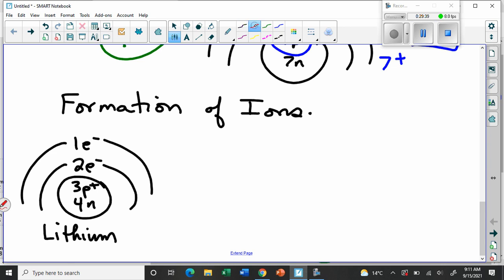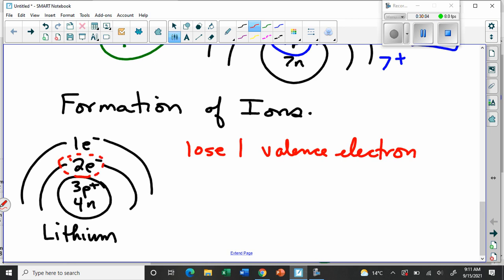So what happens is, if you look at the valence electrons, to get full, lithium wants to lose 1 valence electron. And that will make him full. Well, I say full, it sounds like if you lose something, you should get empty. But what it means is underneath, down here, he's got the full 2 electrons.